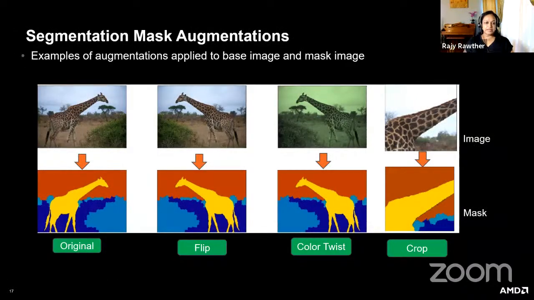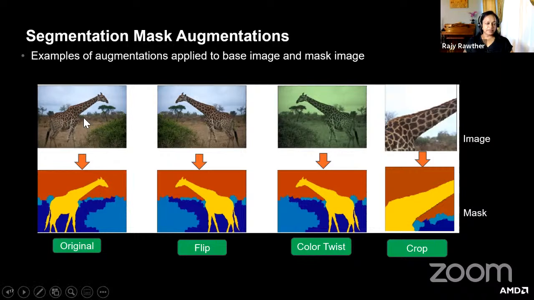These are some examples of metadata augmentation applied to the image and the corresponding mask image. The giraffe image is taken from the COCO data set, and the mask image also comes in the annotation file as part of the COCO data set.